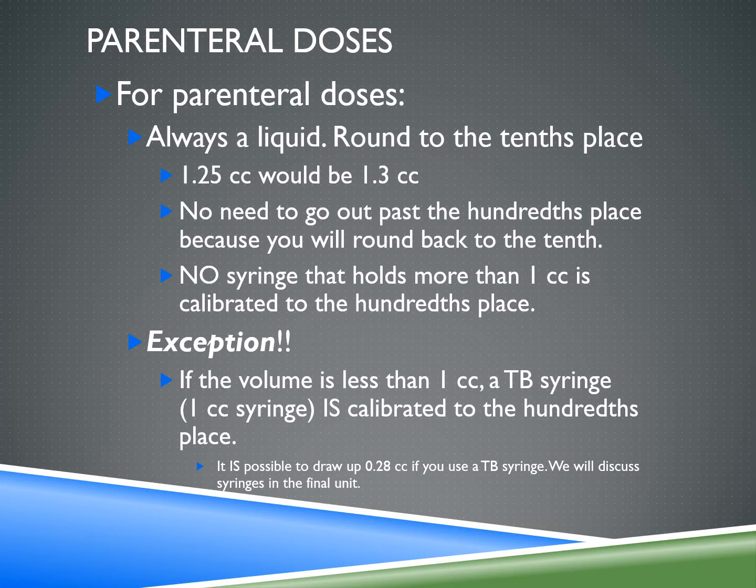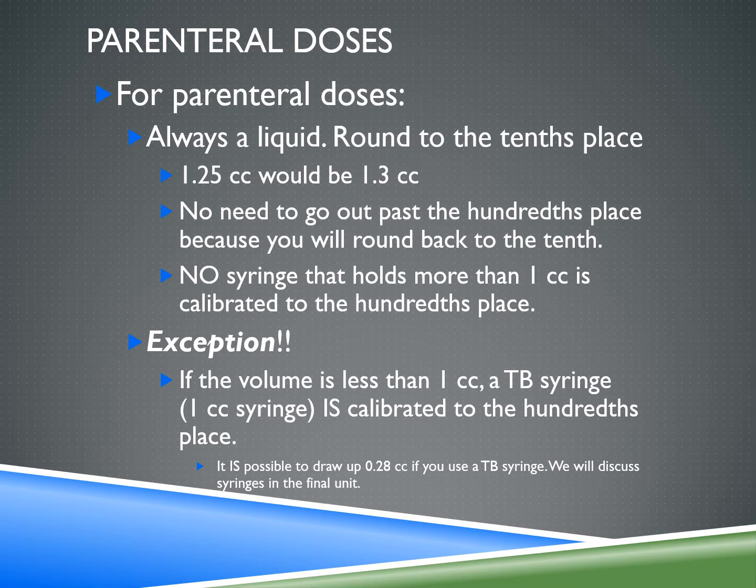So if you had to draw up something and you came up with 0.28 cc's, since it's less than 1, if you had a TB syringe, you could draw that up because it is calibrated out to the 100ths. But honestly, it would still be right to round that to 0.3 when you're talking regular parenteral dosing. Now, insulin is a completely different ballgame. We'll talk about insulin when we do syringes.